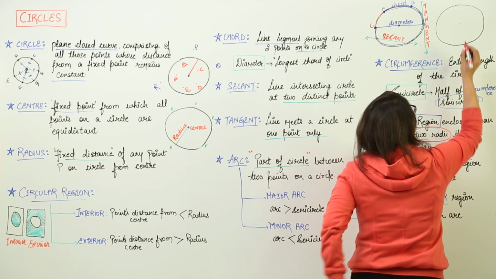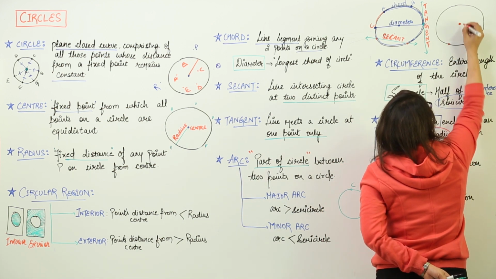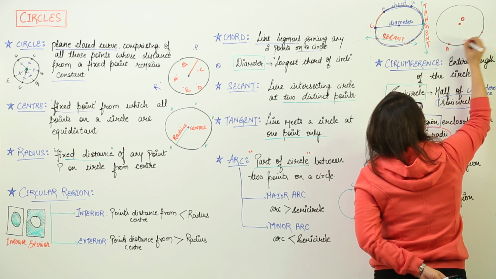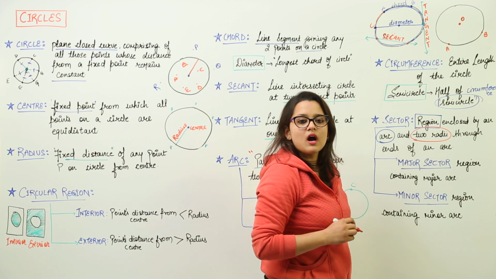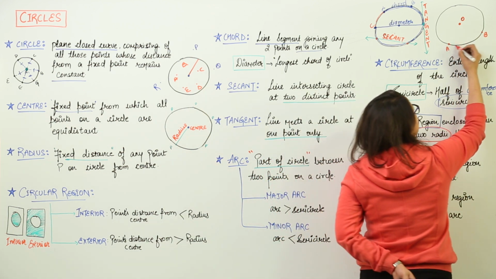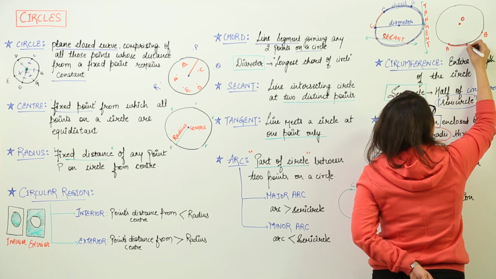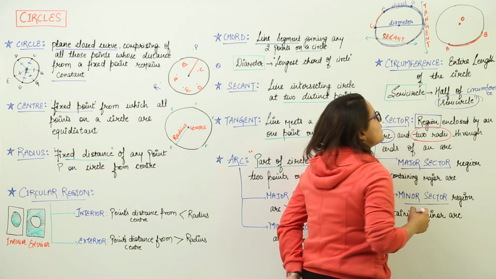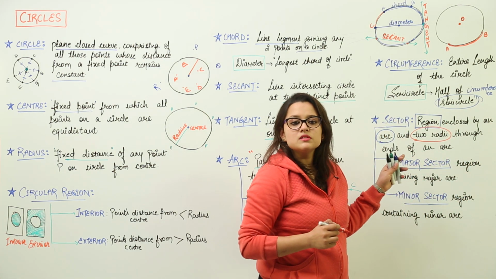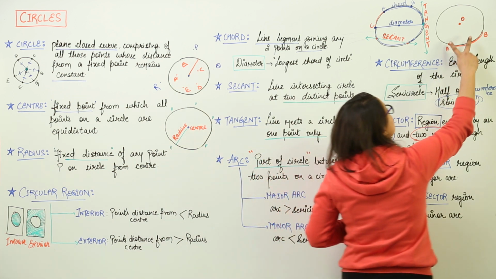You can check over here, if this is the center O, I have taken A and B, 2 points on the circle, right? There is an arc between the 2 points. The arc between these 2 points is this, the one that I am highlighting with red, right? And the other two things will be the two radii through the ends of these 2 points.